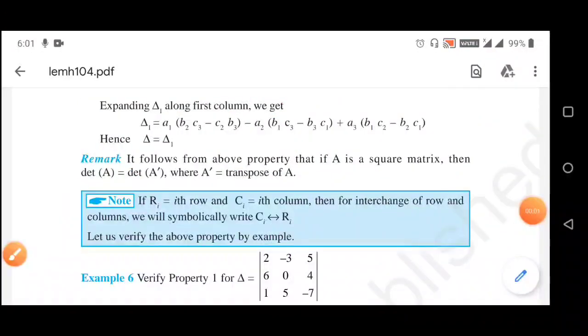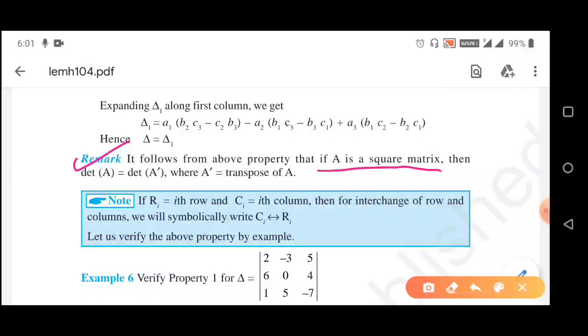In the remark, it is given that it follows from the above property that if A is a square matrix, then determinant of A is equal to determinant of transpose of A. A is a square matrix means whenever we talk about determinants, the matrix should be a square matrix.